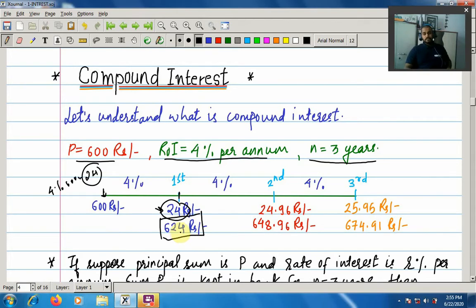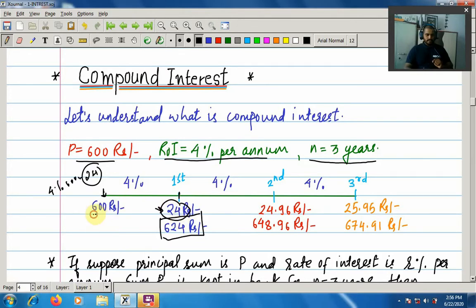So here is the difference between compound interest and the previous simple interest. In simple interest, my principal amount for every year was the same, 600 rupees. What is happening in this case? I'm going to get interest on the interest money.